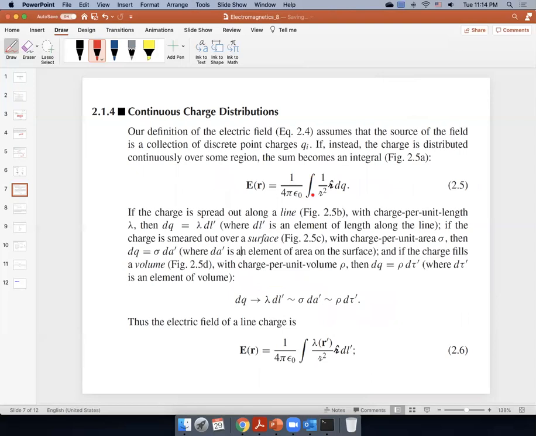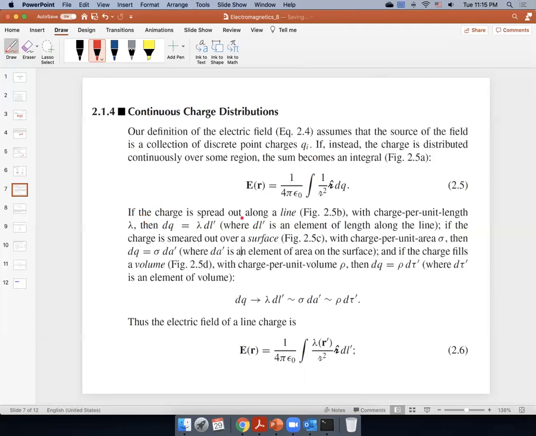Integral means sum, but it's a sum of continuous or infinitesimal values. So in this example, it's a sum of very small point charges. You can consider the continuous charge distribution to be infinitesimal charge points. So the sum of infinitesimal point charges actually is an integral of a charge distribution.